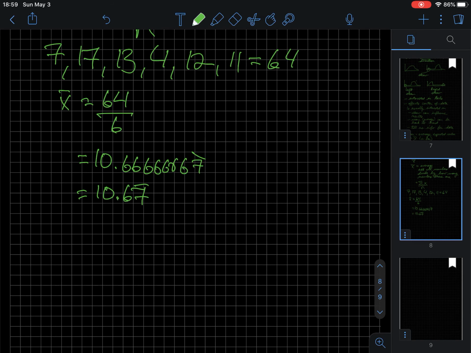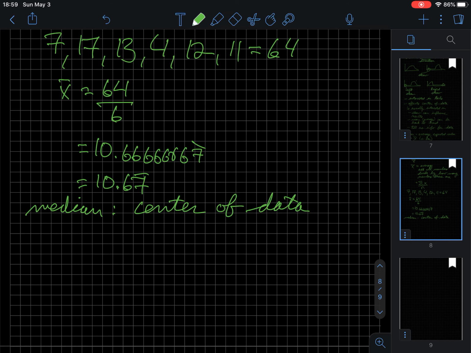There are also other measures of central tendency that we're looking for, and one might be the median. The median is going to be the center of the data, the middle point of the data. How would we find this?